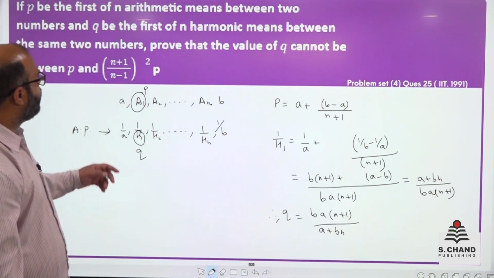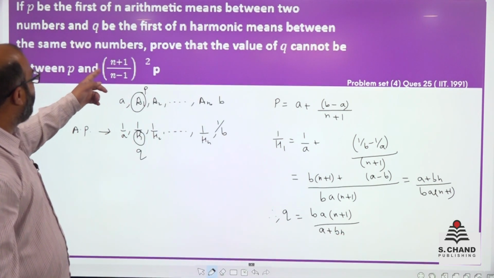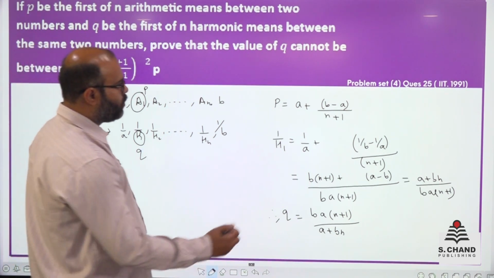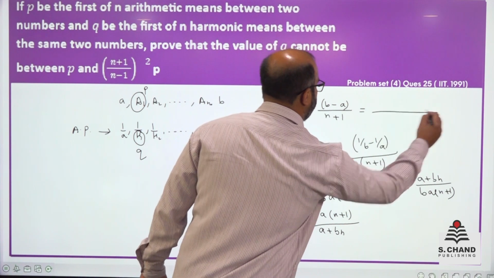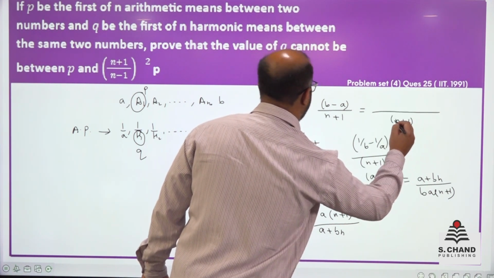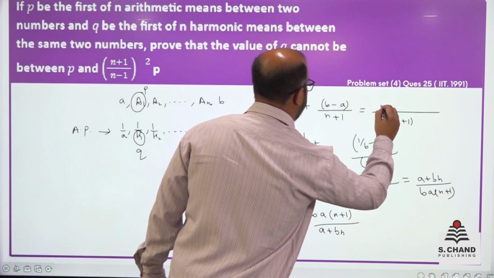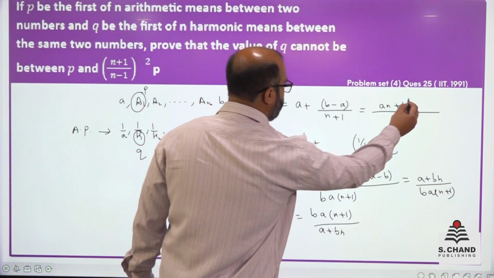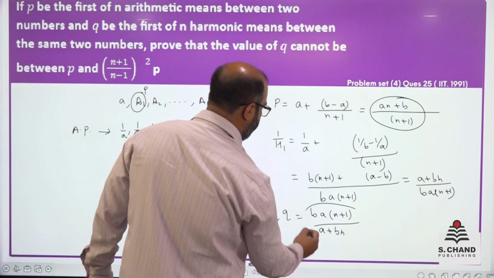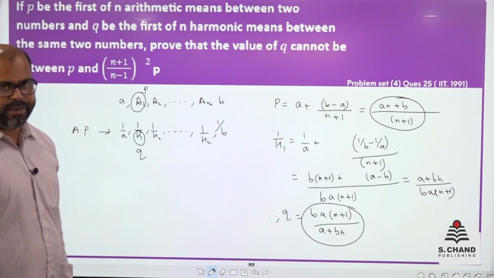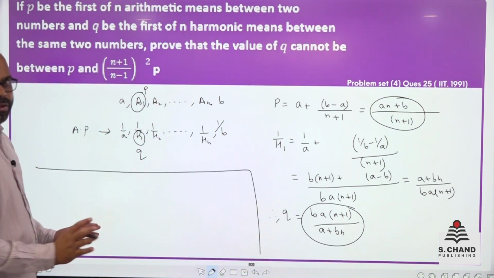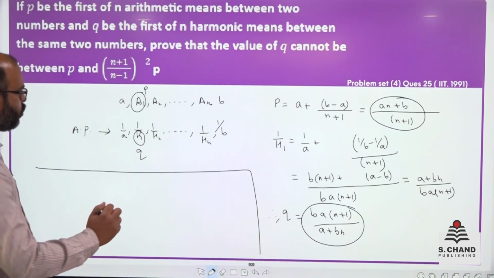Now it is said that Q cannot be between P and ((n+1)/(n-1))² P. So let us also take LCM here. This will be n plus 1. This will be An plus A, which will cancel, An plus B. Now let us compare this term and this term. Which of them is greater? I am not putting any inequality sign right now, I am just putting the two values.